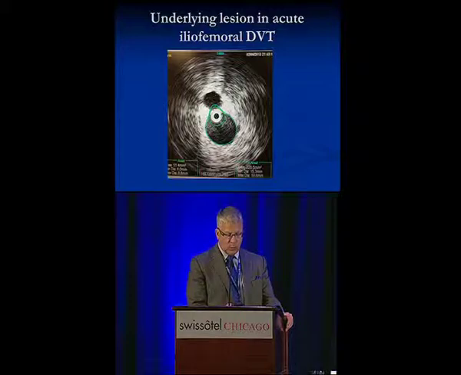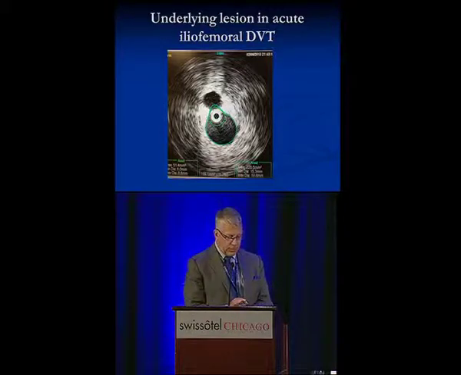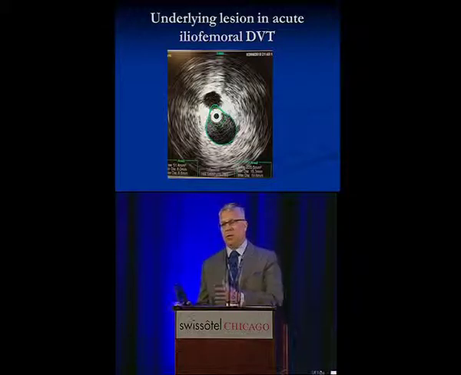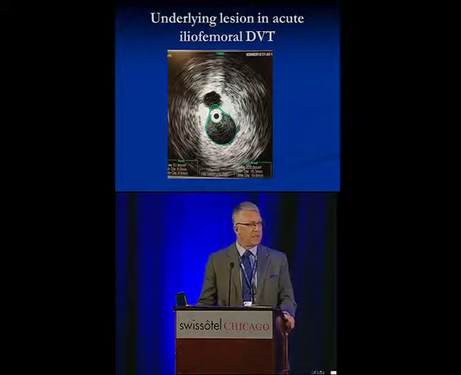One of the biggest uses I have for IVUS is determining luminal area. Even though it's anisotropic or whatever, I think it's better determined by IVUS than by any other method. I think you'll tend to undersize if you use venography alone, and you'll more accurately size if you use IVUS.